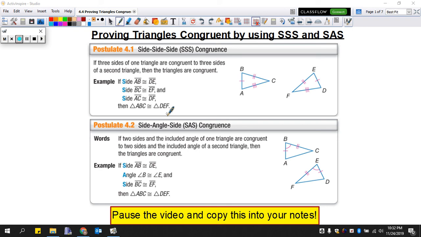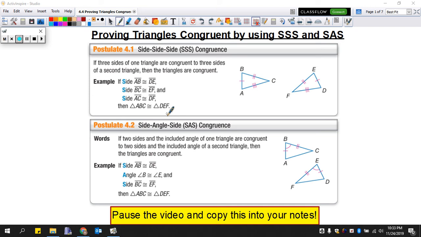The side-angle-side congruence postulate says that if two sides and the angle that's between the two sides are congruent between the two triangles, then the two triangles are congruent.